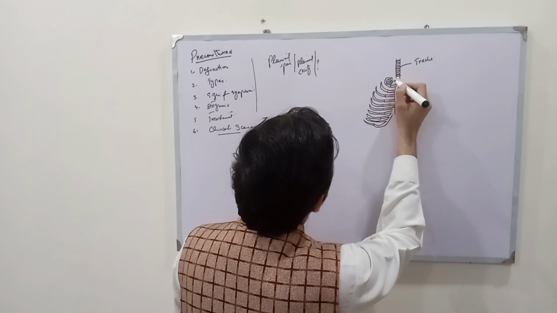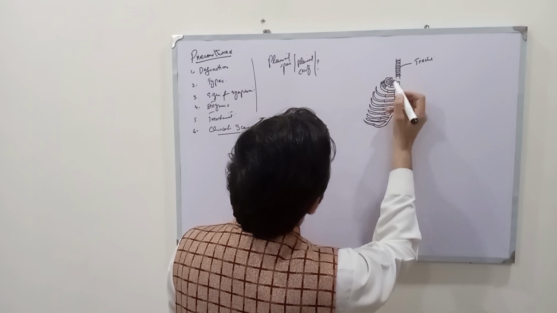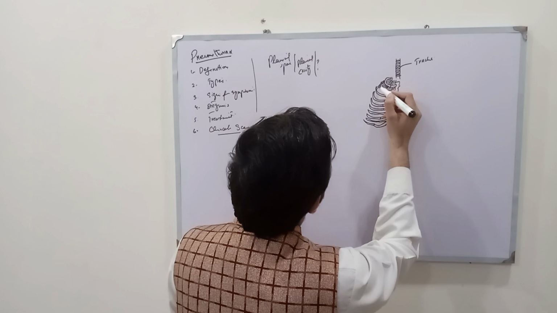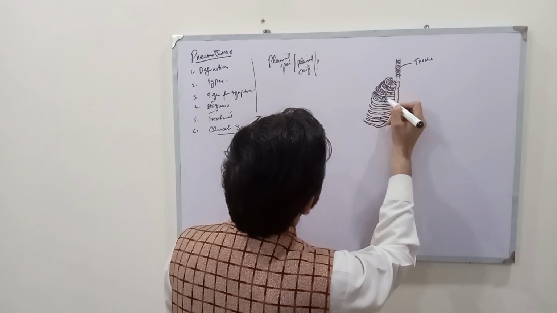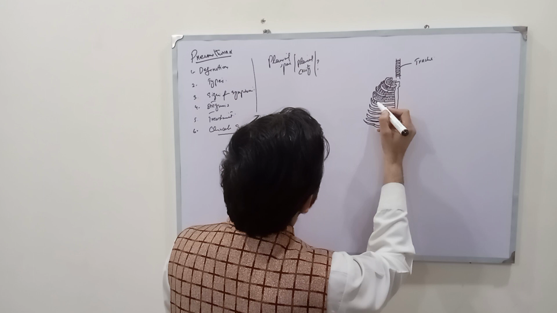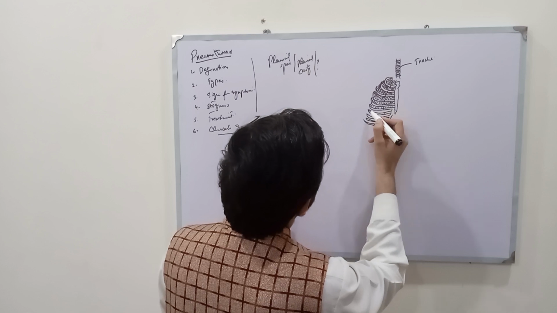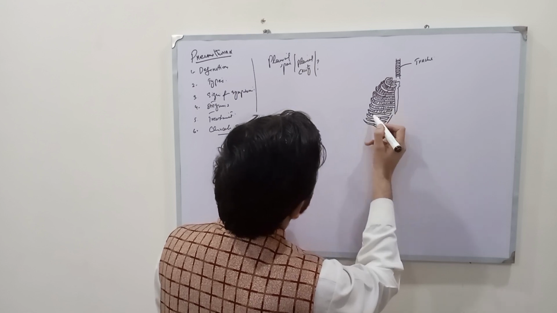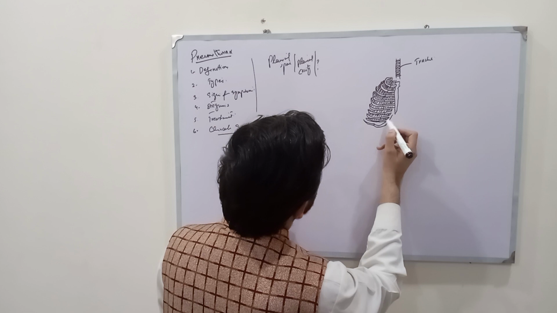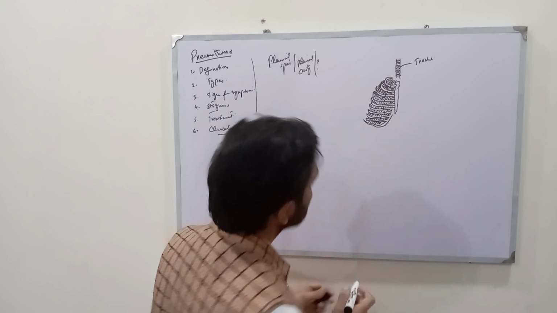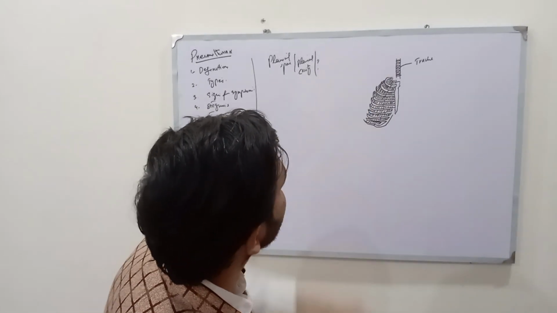Intercostal muscles are present. These are ribs and intercostal muscles are present between ribs.